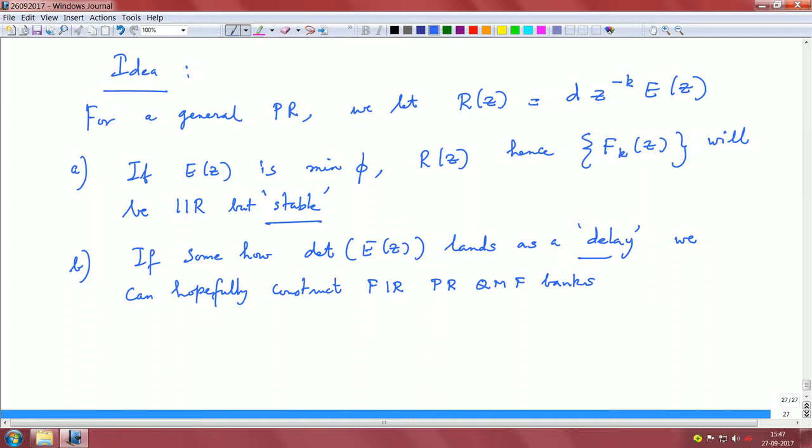So, basically we are looking at a family of lossless matrices that can give us perfect reconstruction.